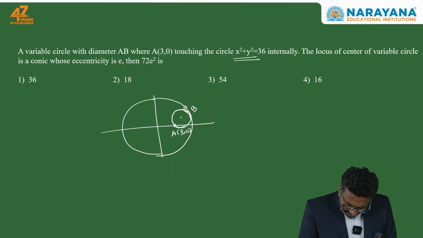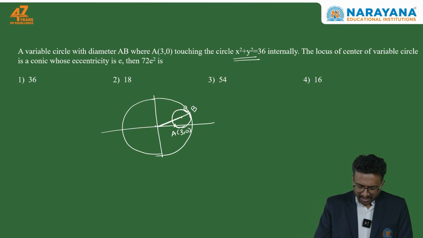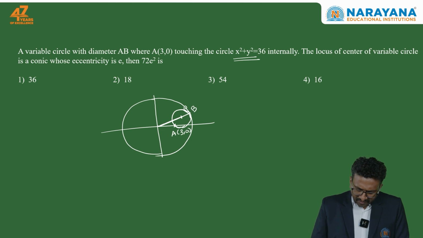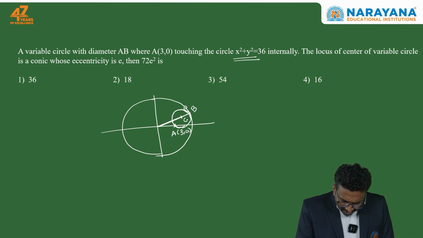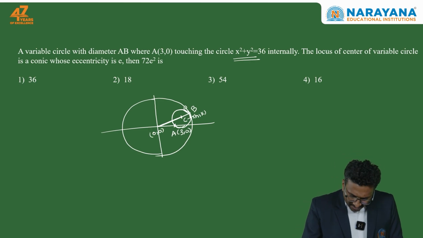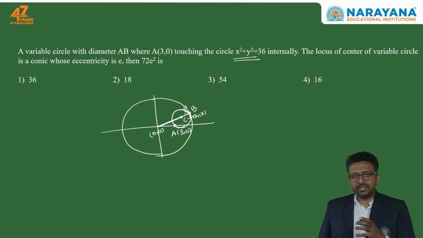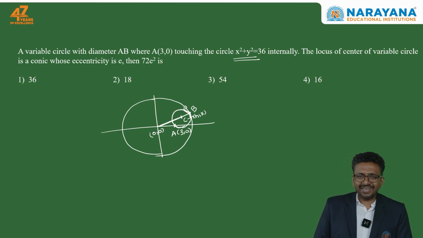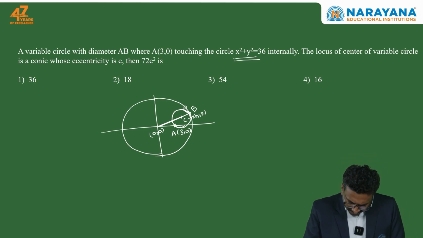Now we know that the center of the second circle, the center of the original circle and the touching point will be collinear. That's a theorem that we have. So the center of the circle, let us call it (h, k), the center of the original circle, which is (0, 0), and the point of contact are on the same line. And we know that if two circles are touching internally, d = R1 − R2. So let us call the distance OC.